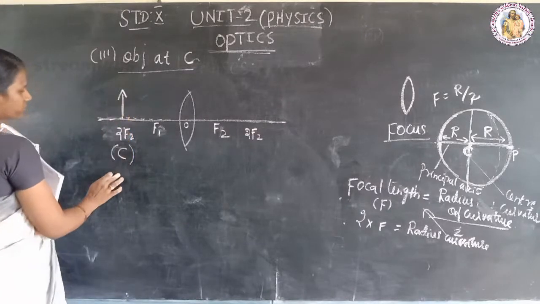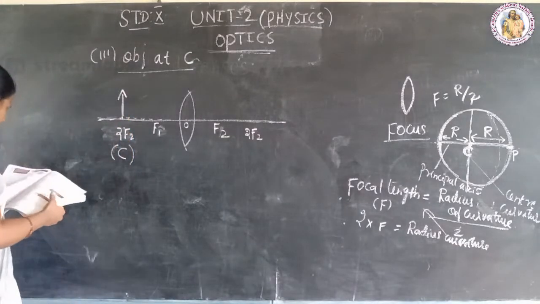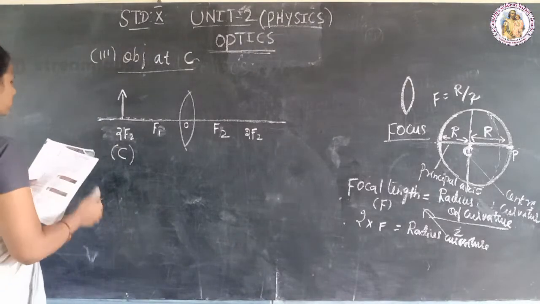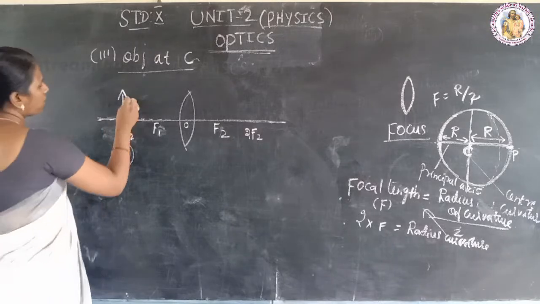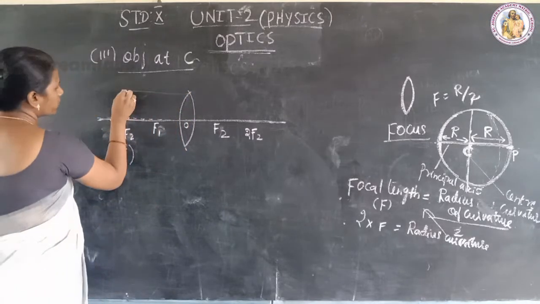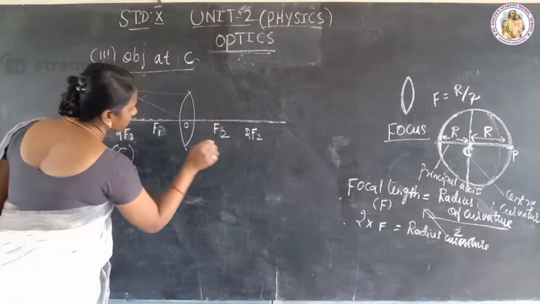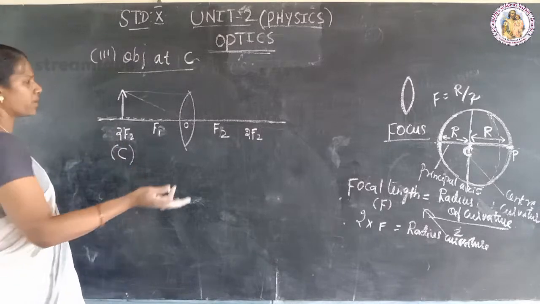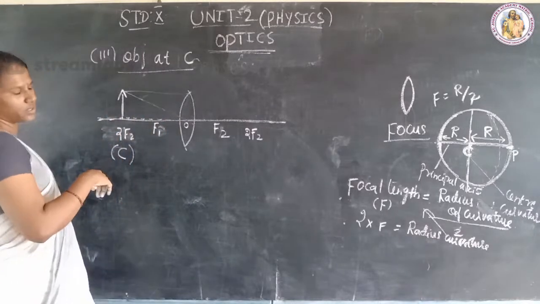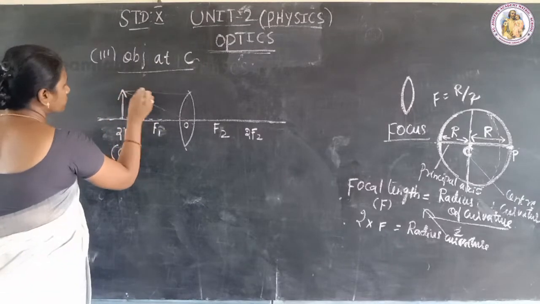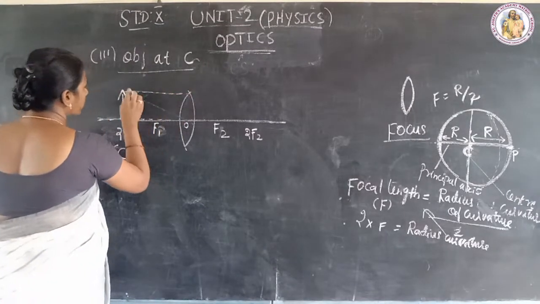So what happens this time? See, there are a number of rays passing through the lens, but here we are going to take only two rays for our convenience.